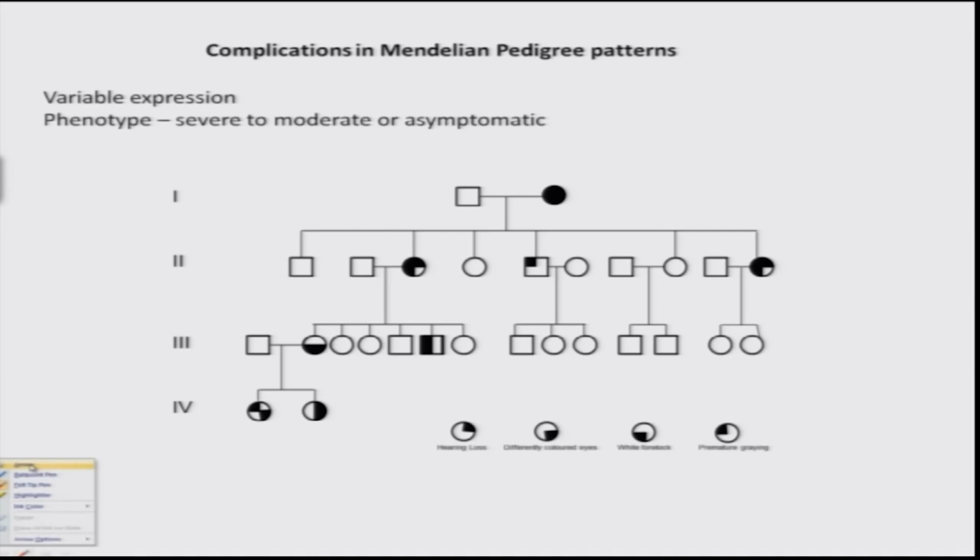For example, you could use different types of filling. For example, this is a severely affected individual, not that severe, somewhat milder, and these are very mild phenotype. So, you can use different filling in the symbols for an individual, whether it is a circle or square, to denote the spectrum of phenotype or the symptoms or severity.